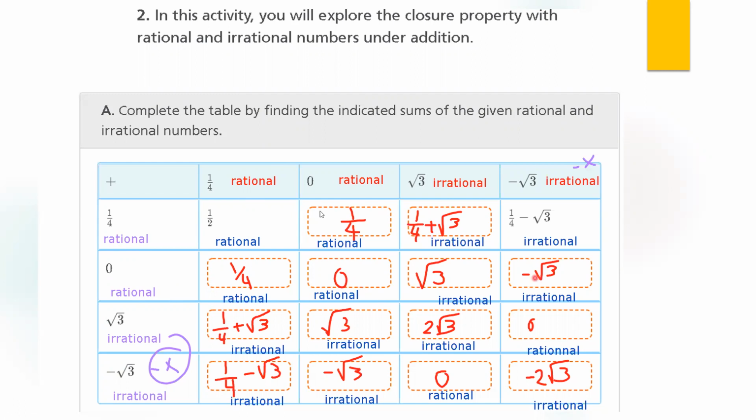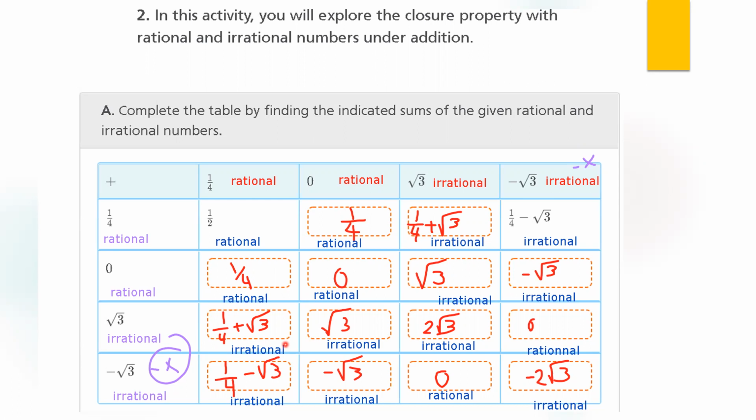Now, what about rational with irrational? All of them are irrational. So when you add rational with irrational, the answer is irrational.